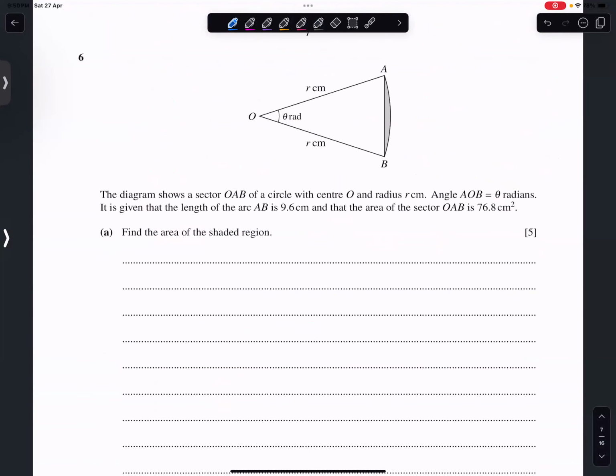The next question is, the diagram shows a sector of a circle with center O, radius is given, and angle theta. It is given that the length of AB is 9.6 and that the area of the sector is 76.8. Find the area of the shaded region. As we know, students, the area of a sector is half r squared theta.